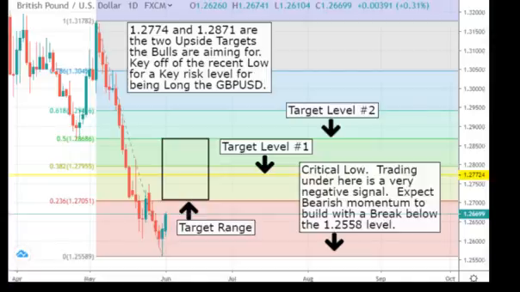Remember, there's so much news coming out that any market can turn on a dime, but this one really has the likelihood of turning on a dime because of all the different news coming out between the EU and the UK. And right now, this correction could also be stimulated basically because of dollar weakness. The dollar's been so strong that right now it makes sense to have a little bit of selling off in the dollar.